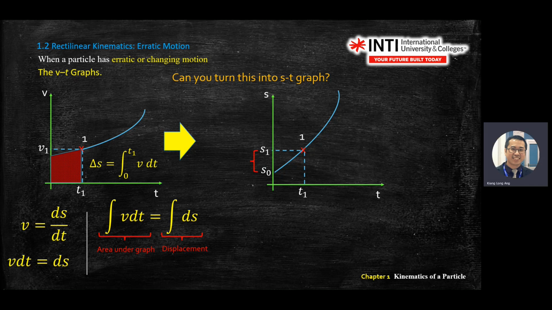ST or AT graph? From VT, we should change it to AT, right? VT to AT graph, right? You can. What does it mean from all these graphs, or from these 3 equations here? You are playing with differentiation and integration.